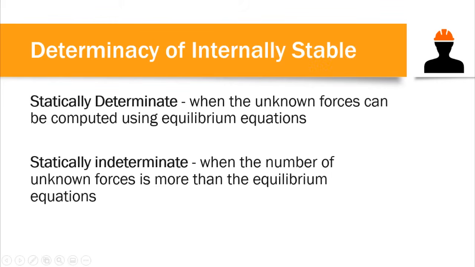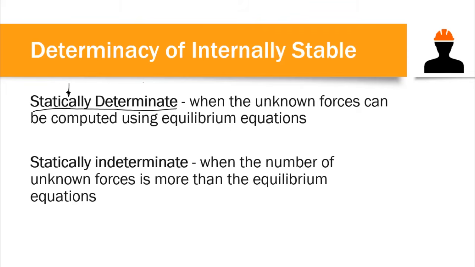Now, we also have the determinacy of internally stable structures. We can say that a structure is statically determinate. Statically means there would be no motion, so our beam should be at rest.